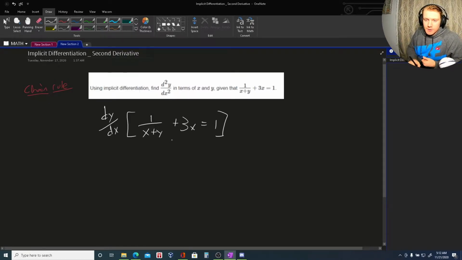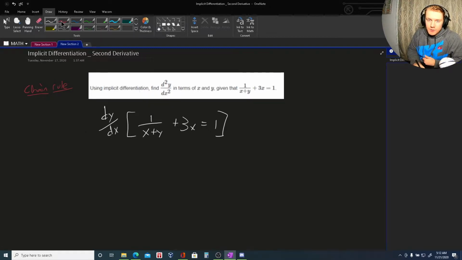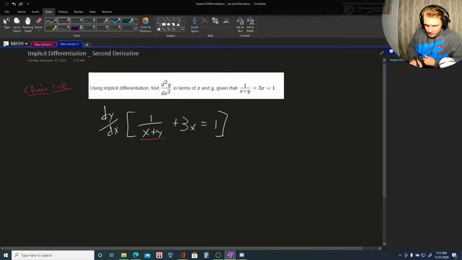We're just going to normally take the derivative of this, and we're going to run into the first term. Let's rewrite it as (x plus y) to the negative 1 power. We're going to have to use the chain rule here.